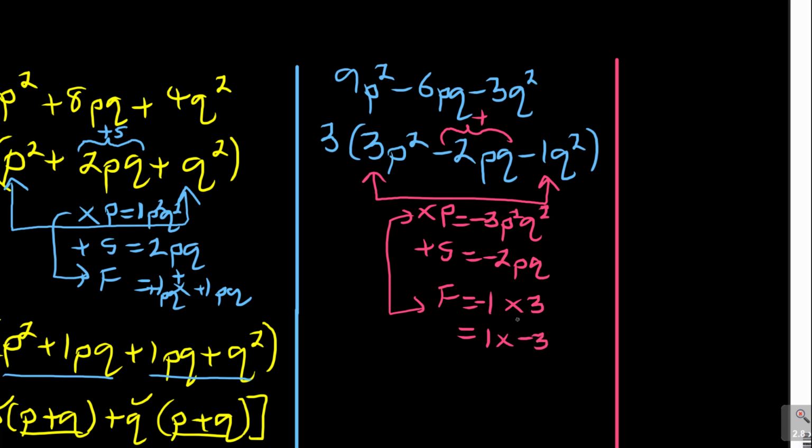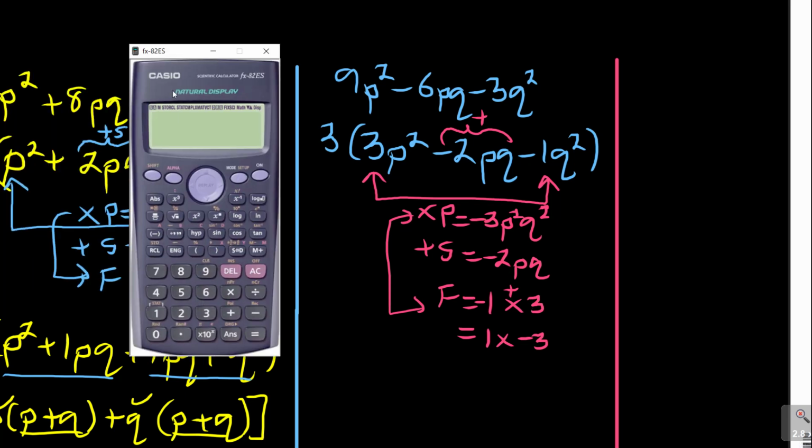That's how you can get a negative 3. 1 must be positive and 1 must be negative. But when I add them, if I say minus 1 plus 3, I'm not going to get a negative. You can test it with the calculator: minus 1 plus 3, sum is 2. But if I say 1 plus negative 3, I get the negative 2, which is the sum.